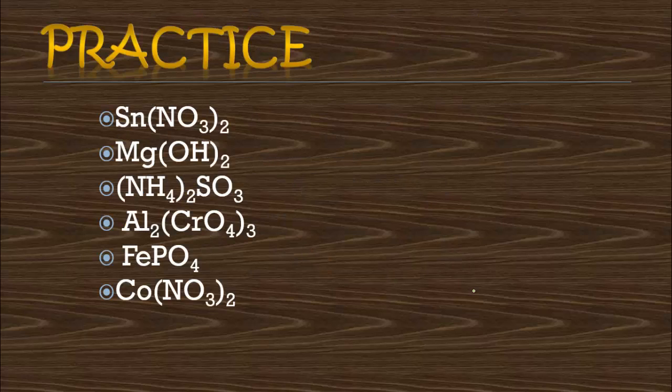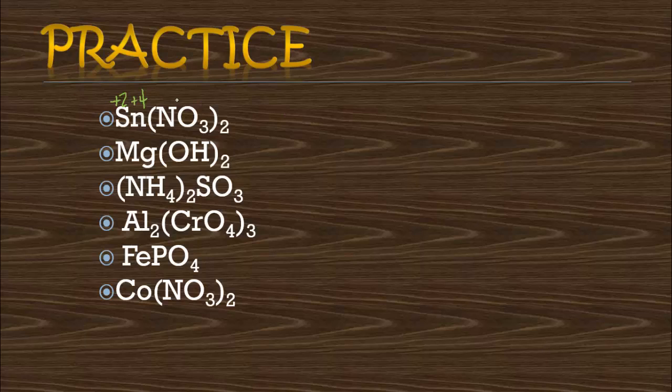So if we look at the following, remember, first thing you're going to do is look up Sn. Sn comes +2 or +4. So that means I have to look at NO3. Again, I have more than 2 elements, so I know it's going to be a polyatomic ion. So I look at the back of my sheet, and I look up NO3.